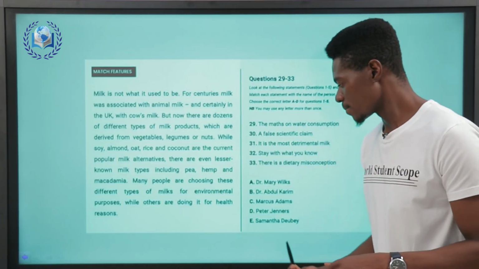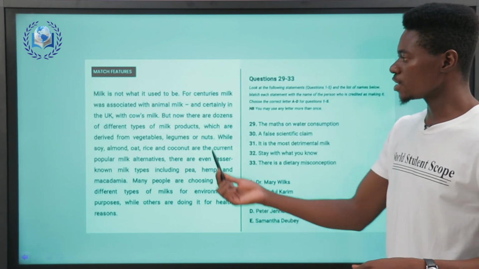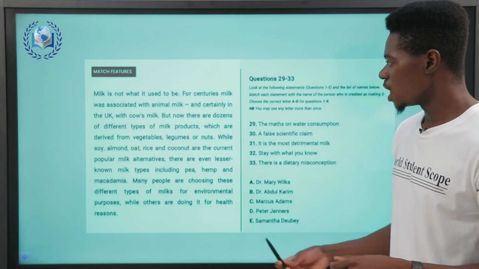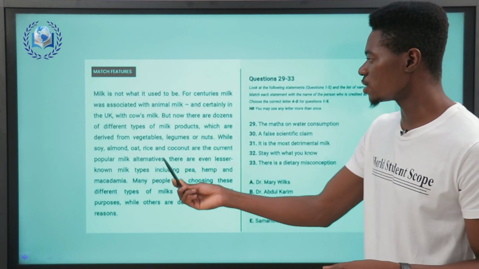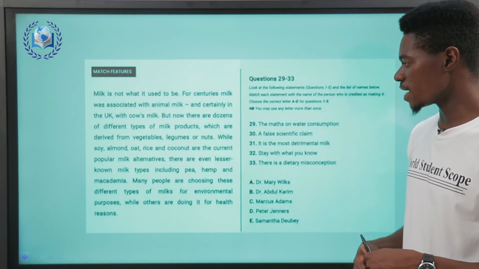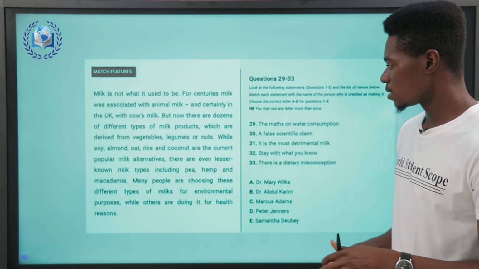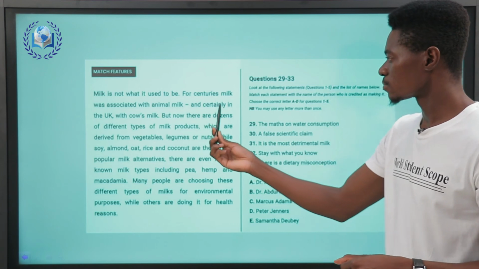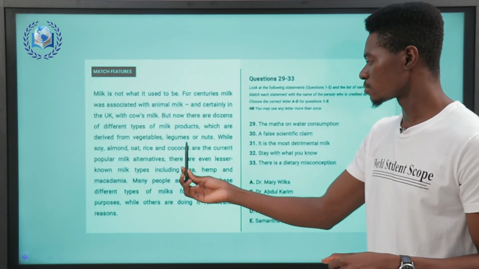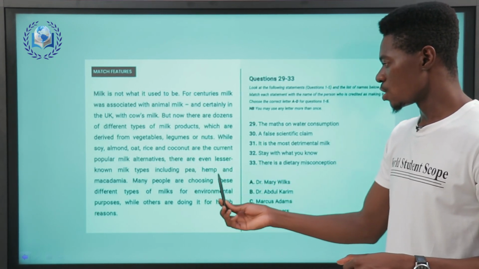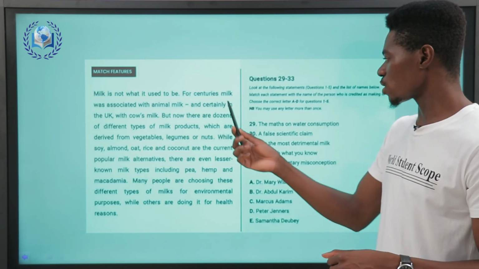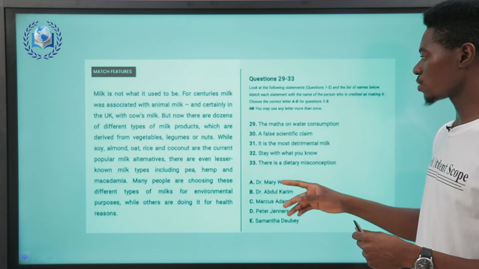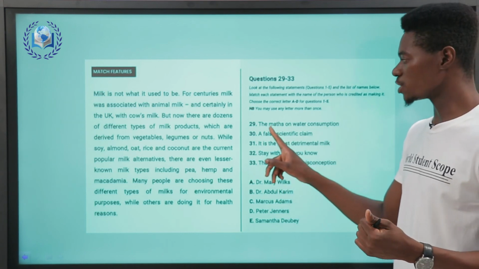Okay? For example, in this one, we can just try to find the name. If you try to find the name from this passage, you can find who said it. When you come to read this question, now we can take a look at question number 29.